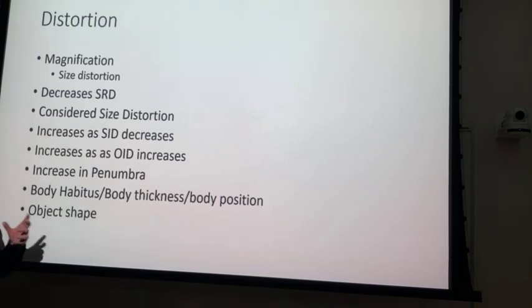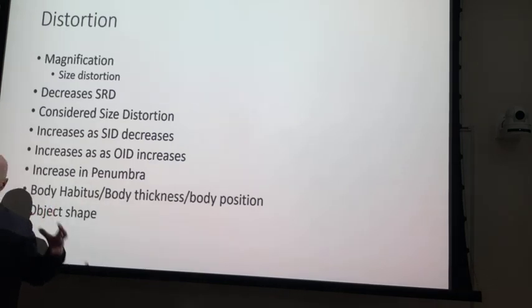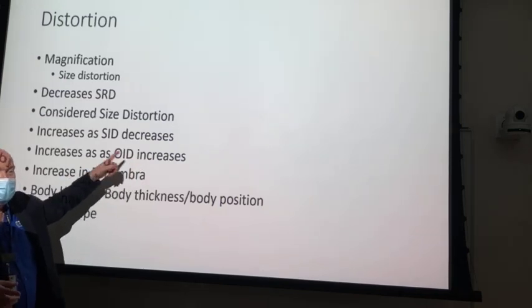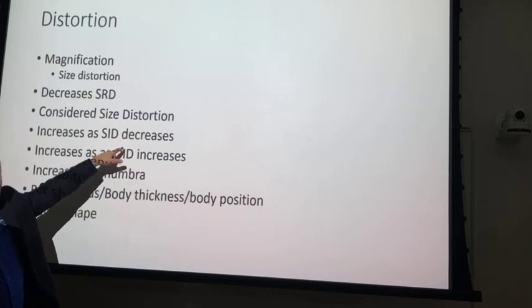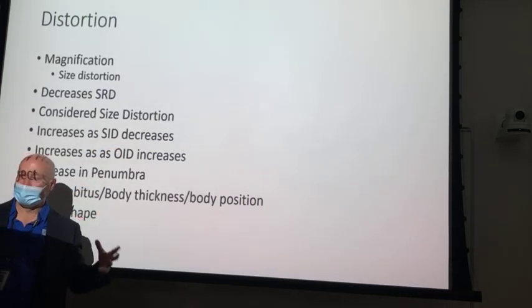So what they use, and this is a technique they call macro radiography, M-A-C-R-O radiography, is intentional magnification. So it's an intentional increase in OID without an increase in SID so that you intentionally magnify the image.